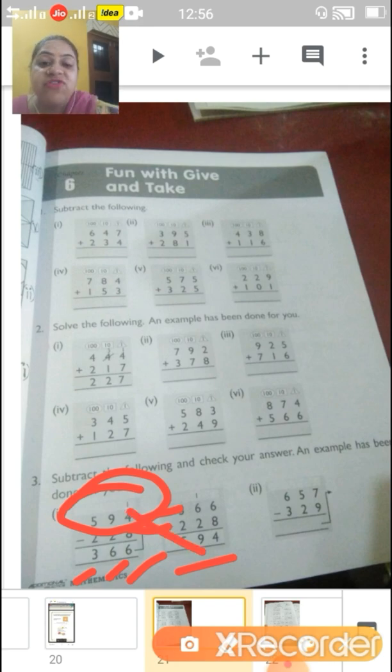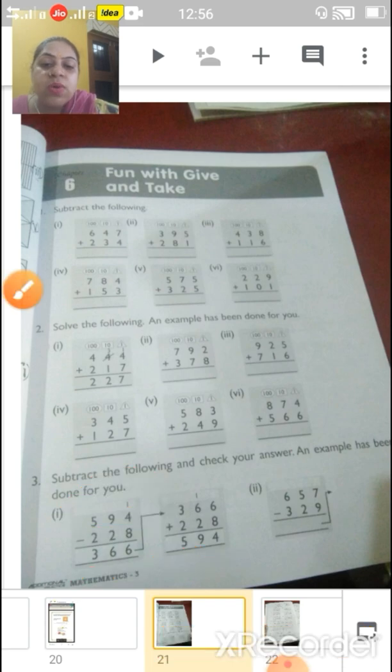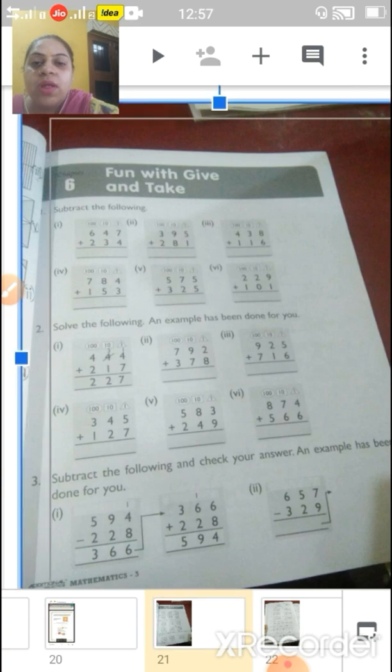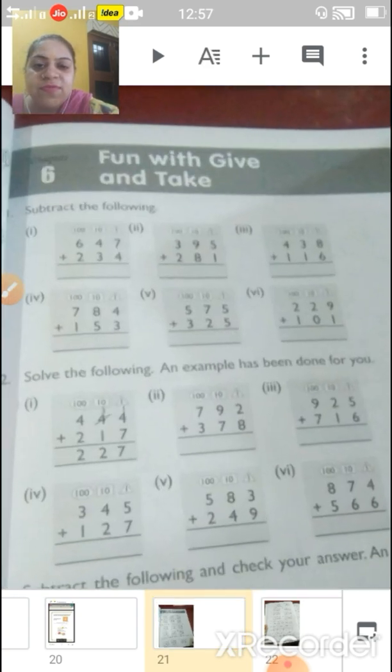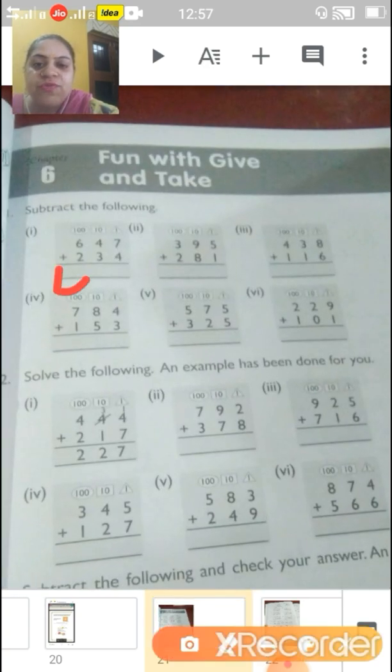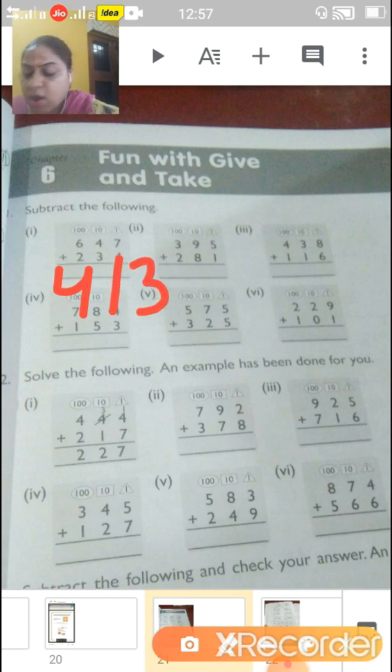In the same way children, to clear your confusion, if they are adding 7 plus 4, for example I am showing you our answer 4, 1, 3. Now we want our answer to be the same.